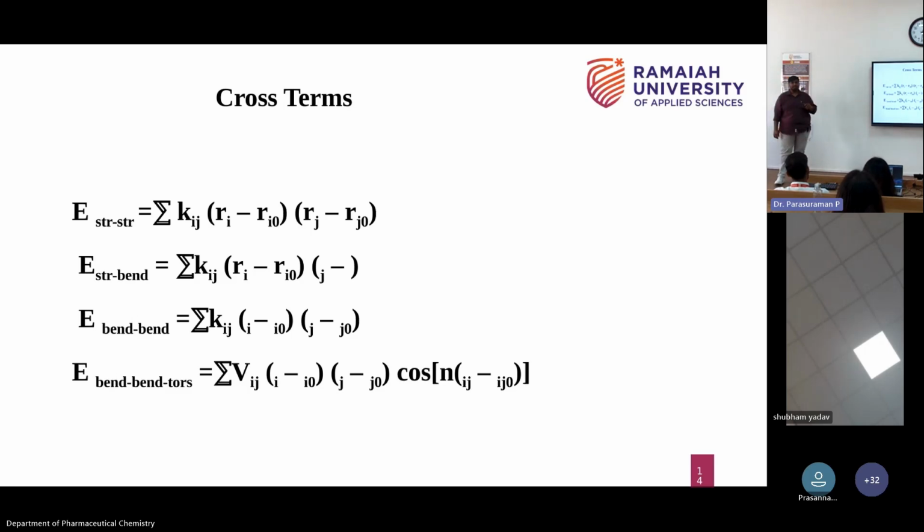If you calculate that also, your result will be more optimal. So we have different cross terms like stretch-bend and bend-bend. Combining all of this, instead of single parameters like bond stretch for only single atoms, and considering the effect of stretching on the bending, will increase your result accuracy.